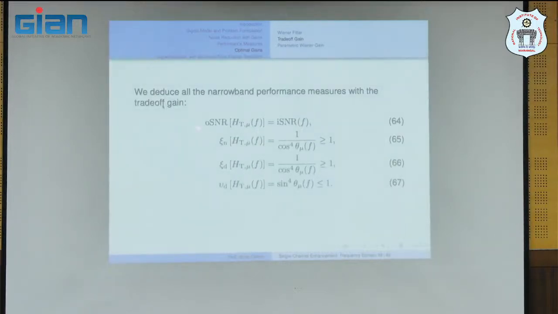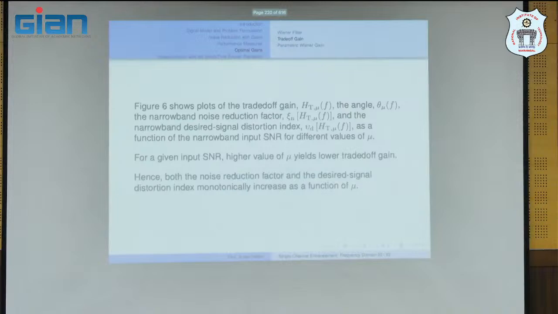And we have specific expressions, similar. You see, instead of theta, that was for the Wiener gain, we have theta mu. That is for the trade-off. See, it's a very nice relation.